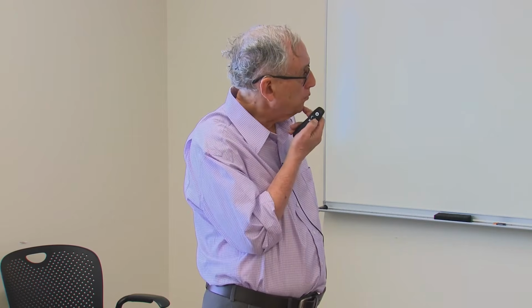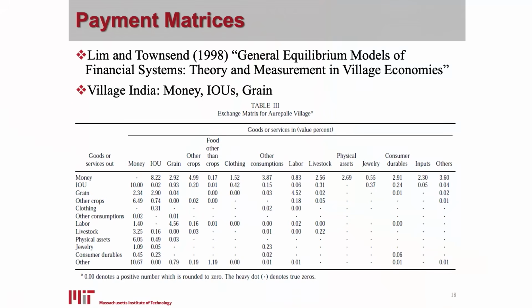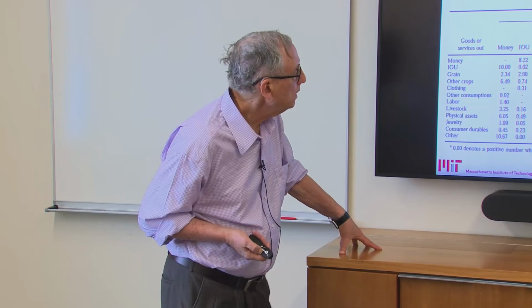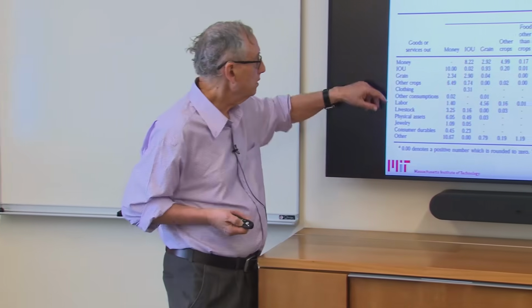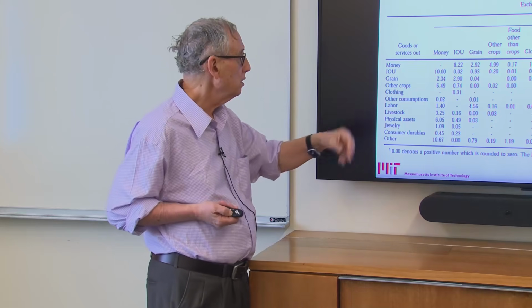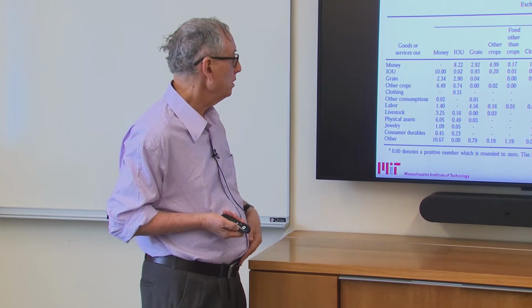So here's an example of Village India with my co-author Young J. Lim. So there's actually quite a lot going on here. You've got goods or services going out from a household, or goods and services coming into the household.